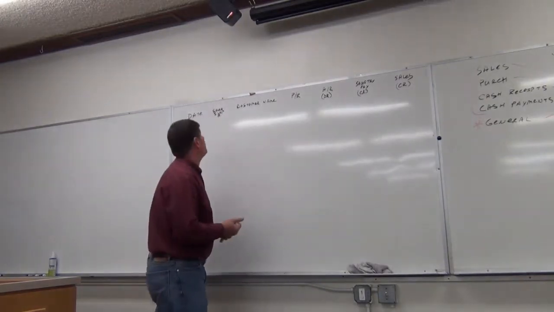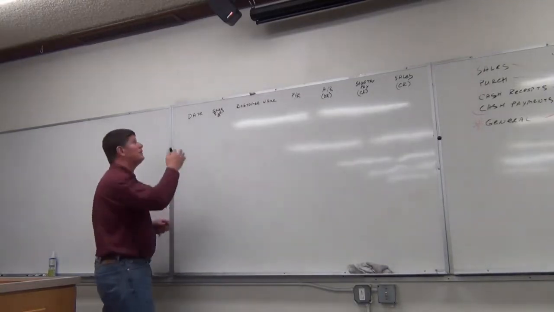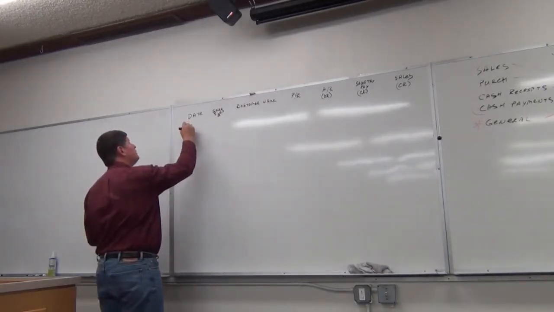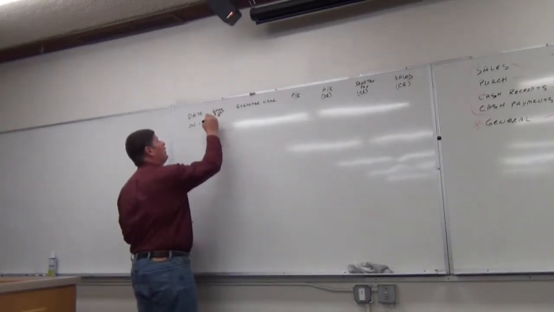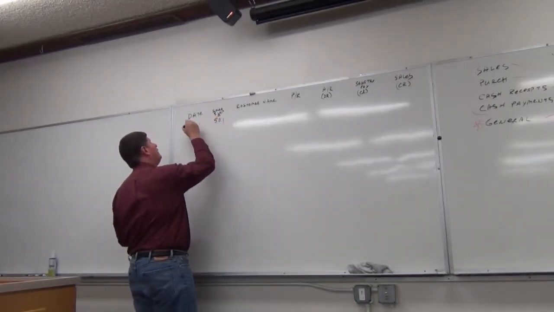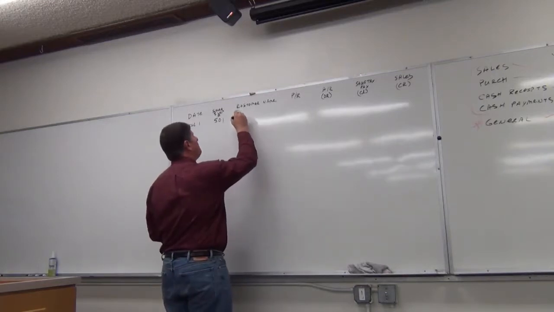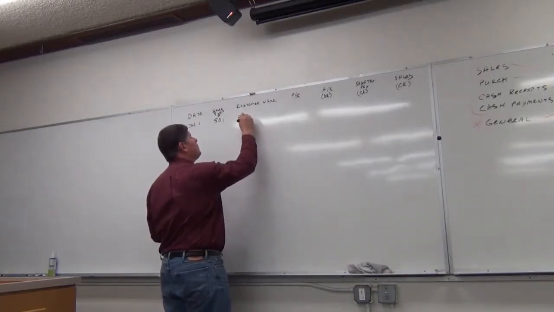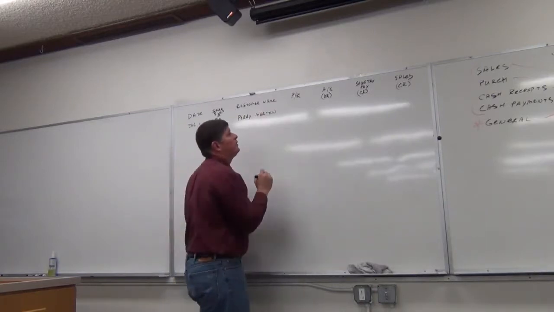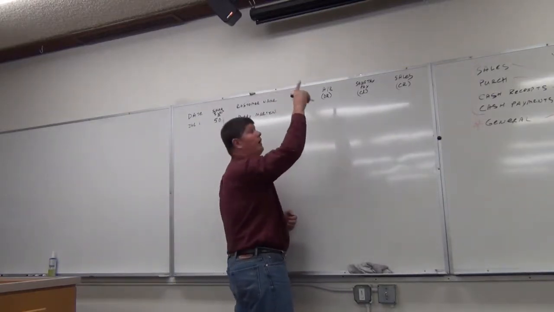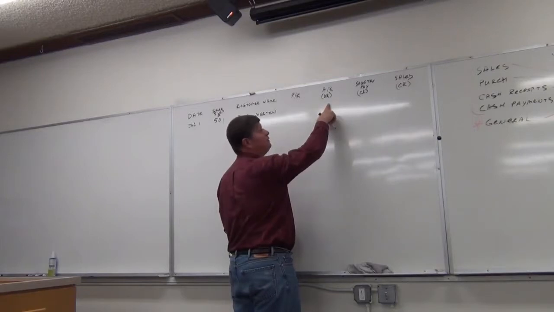So let's fill it out real quick here. The date was July 1. Sales slip number 501. Customer name, Perry Martin. Okay. Posting reference, nothing for now. Accounts receivable. How much?